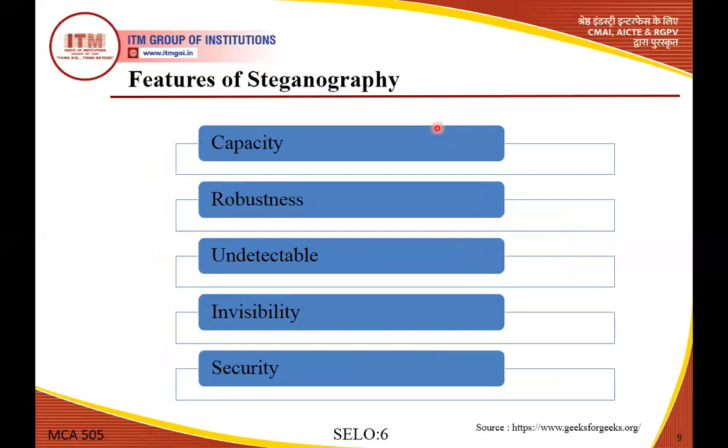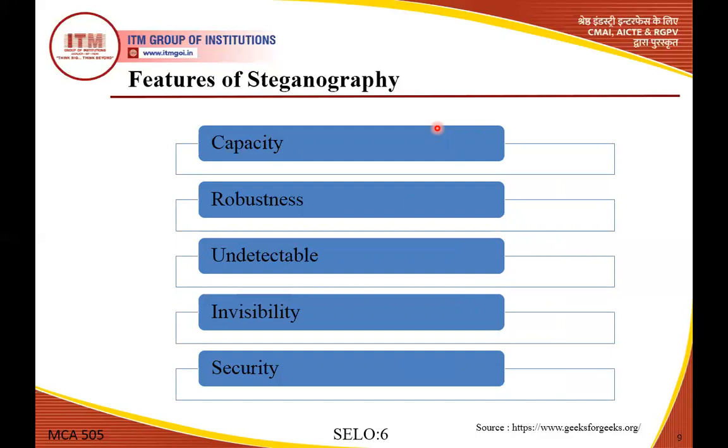Now, there are some features which are defined in steganography. First one I told you is the capacity. The capacity of steganography is not too high, it is less. After that, robustness: as I told you, the plain text which is changed by using steganography is robust.